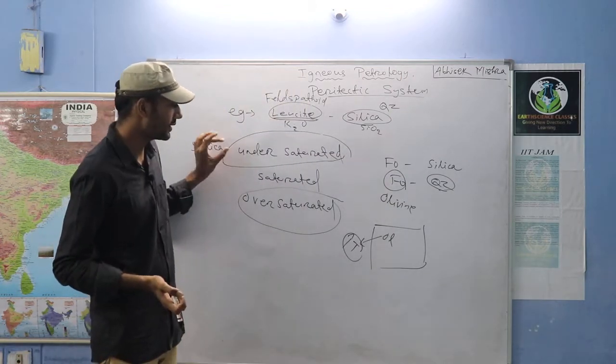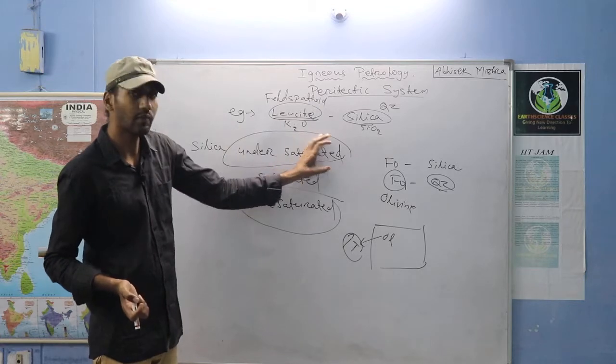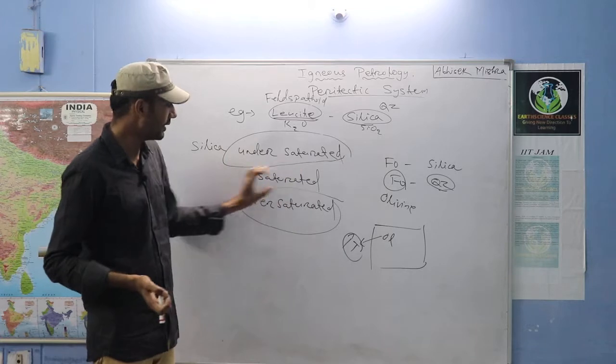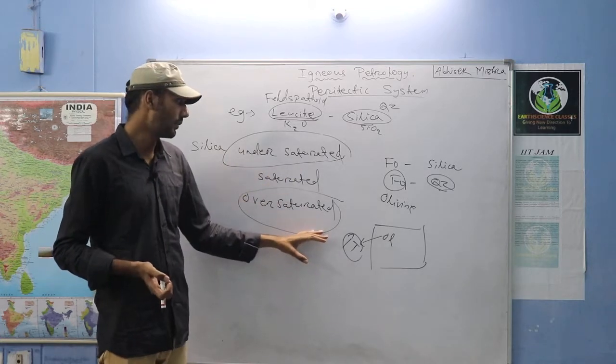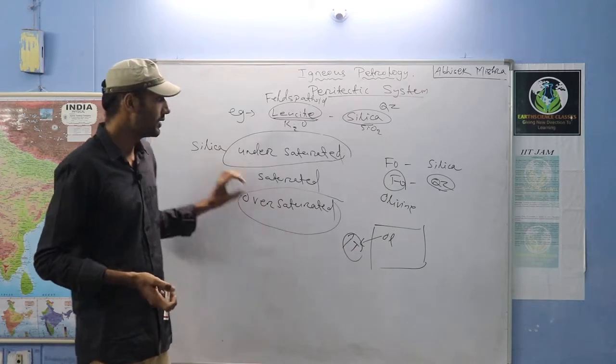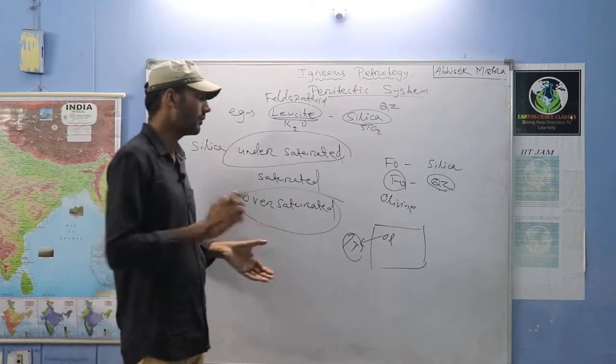We can find coexistence of undersaturated and saturated minerals, similarly saturated and oversaturated, but we cannot find undersaturated and oversaturated together, right? This is the thing that we know before.